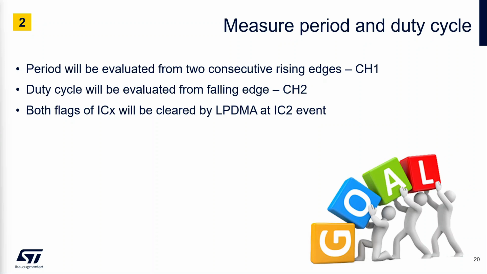Duty cycle will be evaluated from falling edge, and what is necessary to say is that both input capture flags will be cleared by LPDMA at the input capture 2 event. It's the same situation as with the update event, because these flags are not cleared automatically.